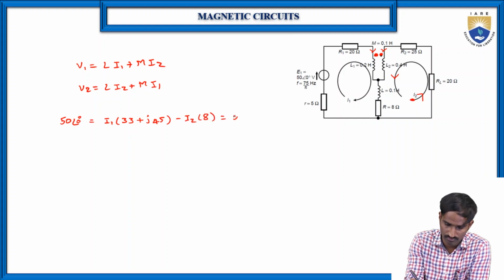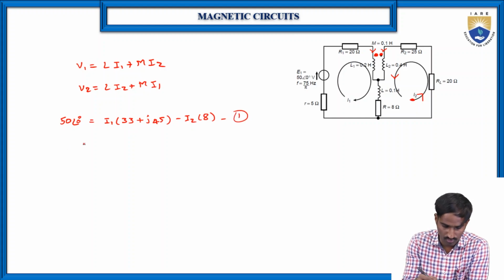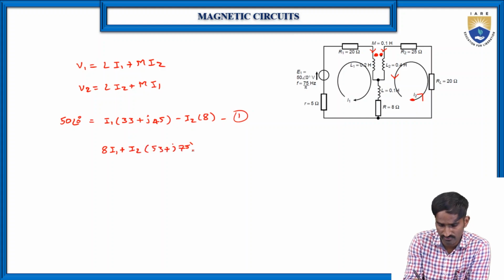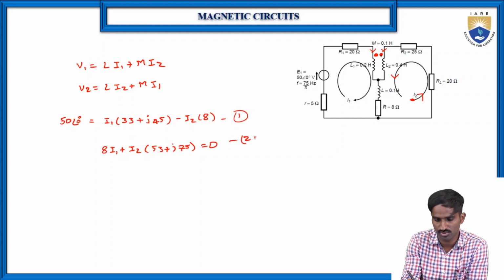This is equation number 1. And similarly, after simplifying, equation number 2 is minus 8 I1 plus I2 into 53 plus j75, which is equal to 0. So this is equation number 2.